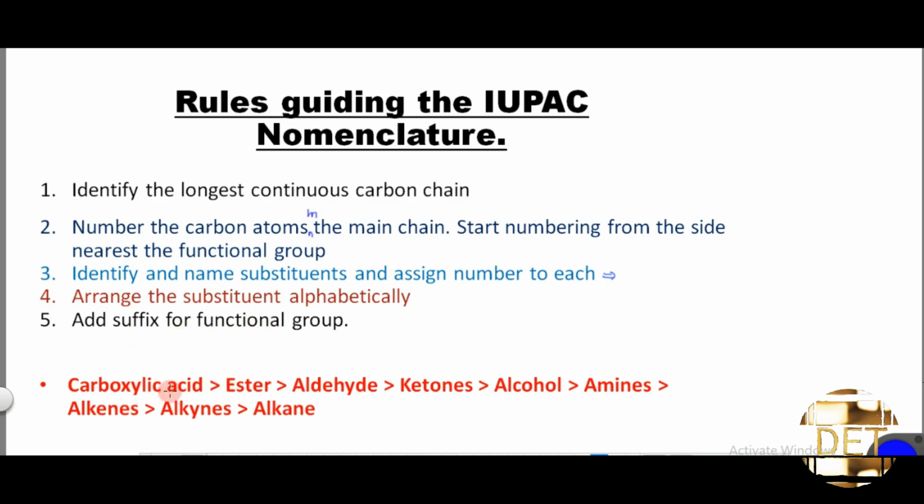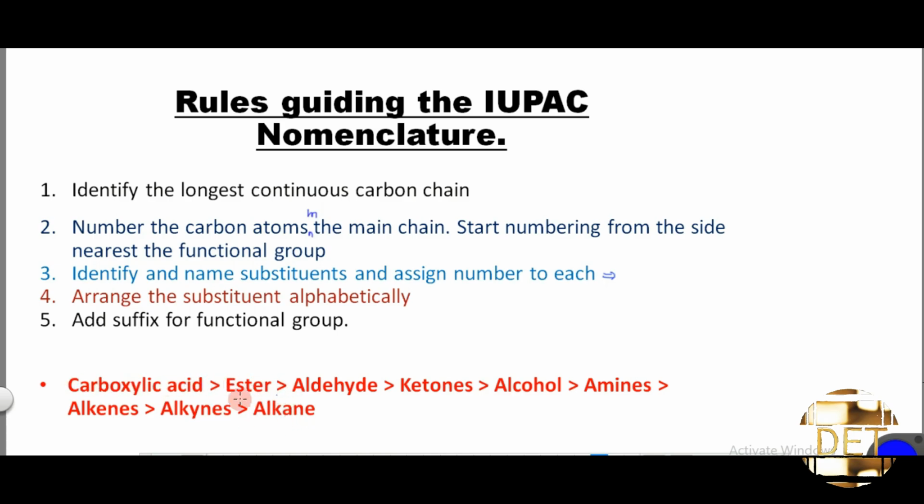Then here is the order of priority of the functional groups. Carboxylic acid comes first, before esters. Esters have more priority than aldehydes. Aldehydes have more priority than ketones. After ketones, you have alcohol, then amines, then alkenes, then alkynes.